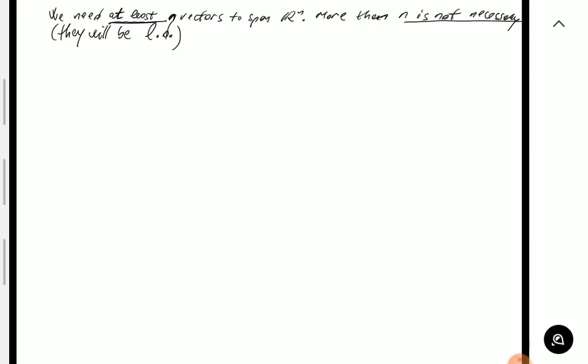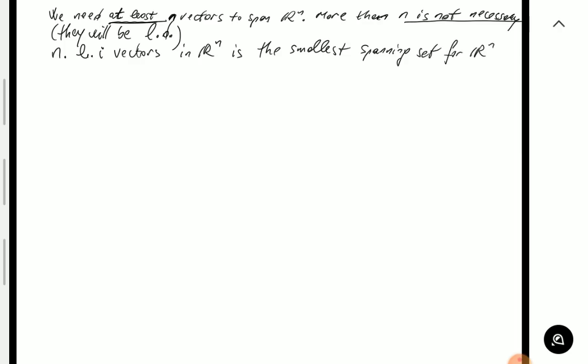Therefore, n linearly independent vectors in Rn is the smallest spanning set for Rn, which is called a basis.